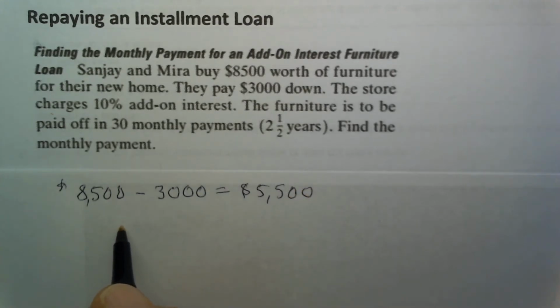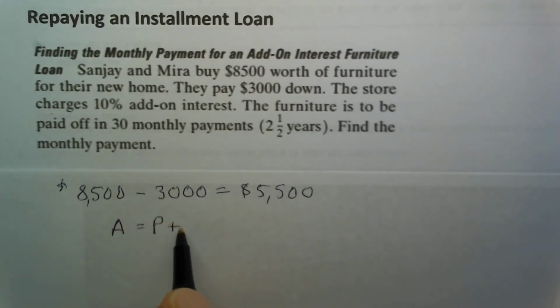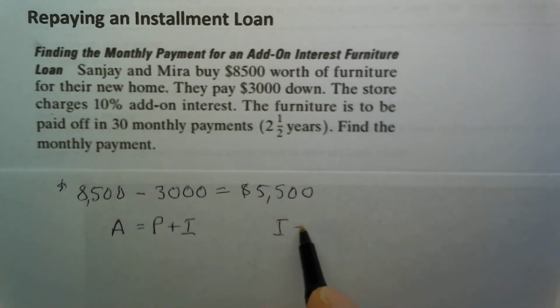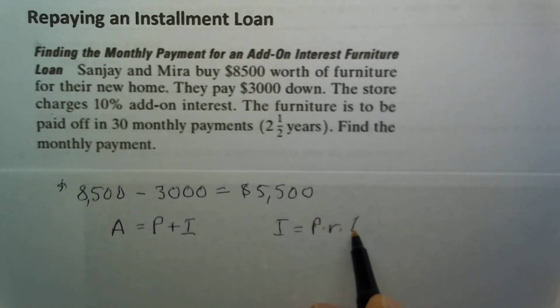And so the formula for the future value was principal plus interest, where the interest formula was P times R times T, where R is the rate, in this case 10%, and T is the number of years.